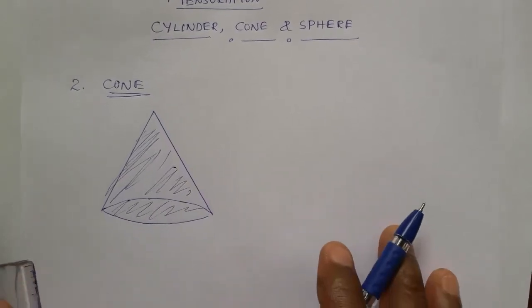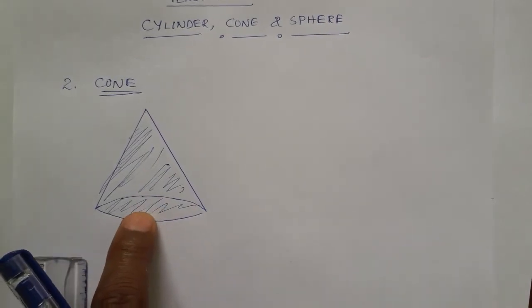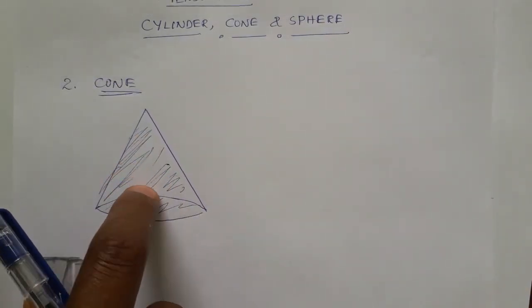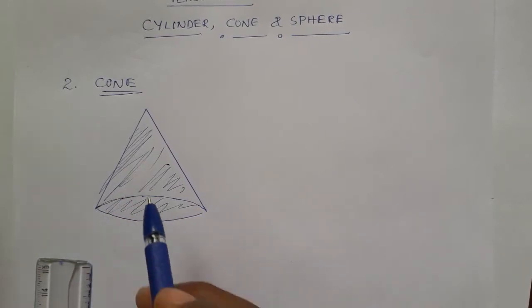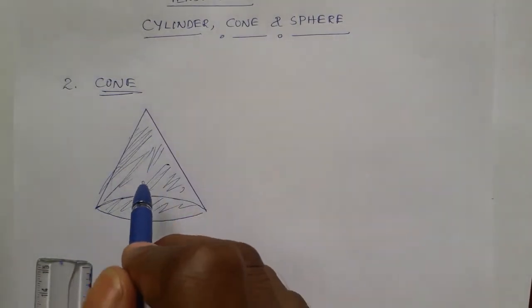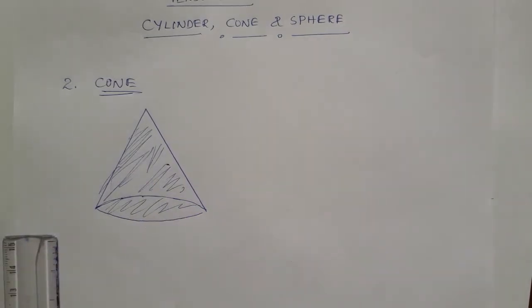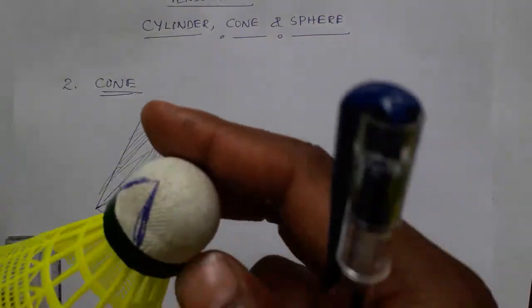Actually what we have drawn here is a two-dimensional figure, but by looking at this shape we think that it is a cone. See, this is the cone.